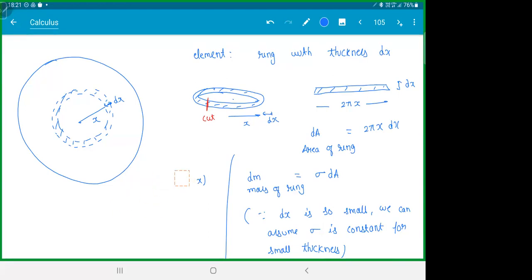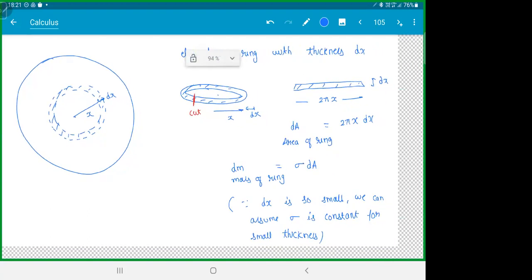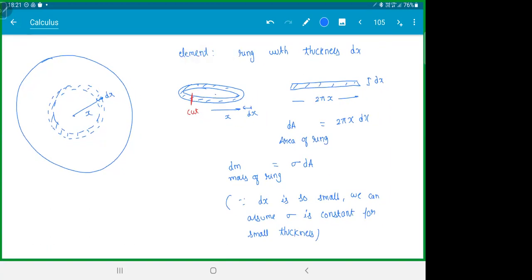Maybe I'll show it on the next page, but please have a look at this page. I can write it here. So this is sigma naught x into area, 2 pi x into dx. I just took this 2 pi x dx and substituted it here.